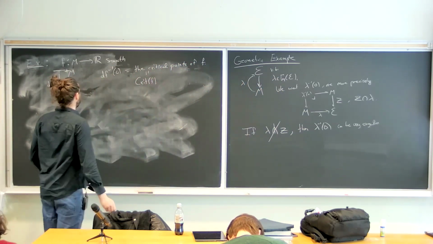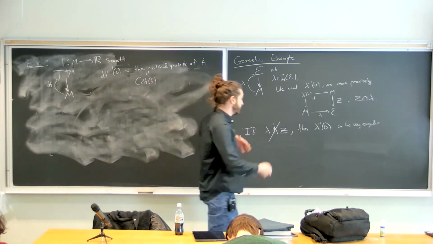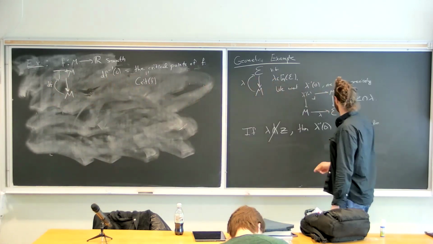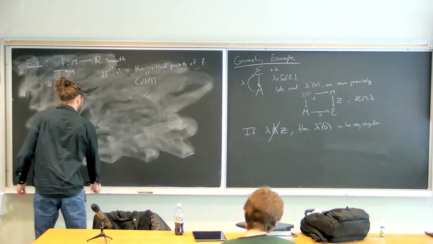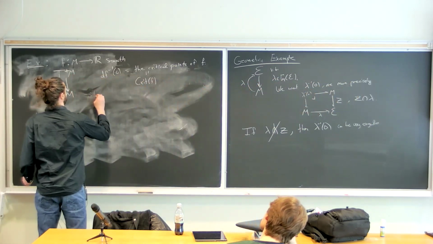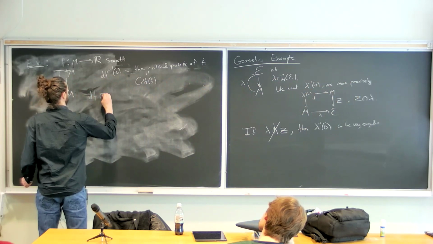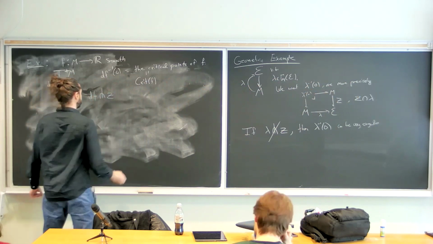And now the condition that we want, to have a nice manifold structure, is transversality, right? So df is transverse to the 0 section.